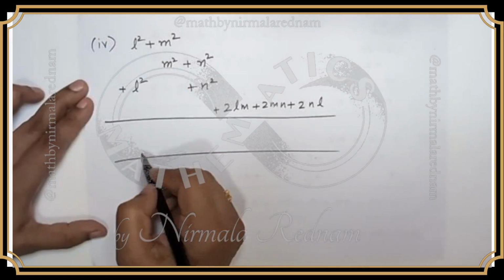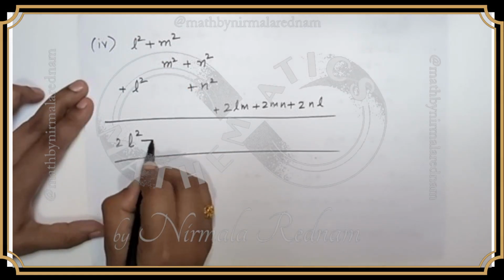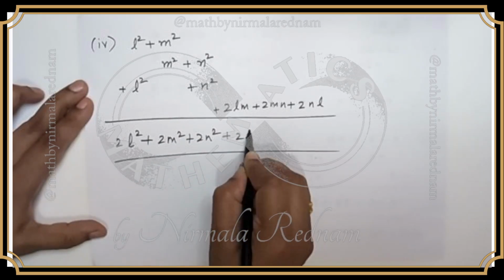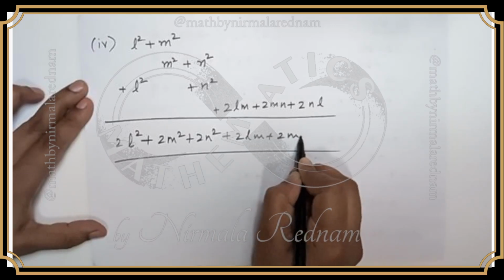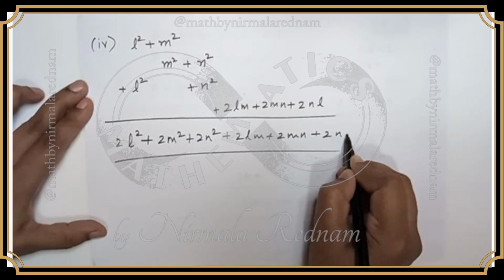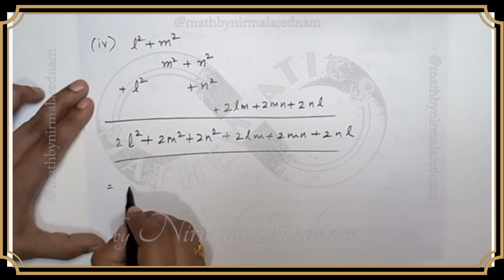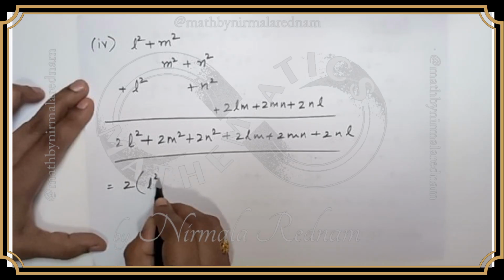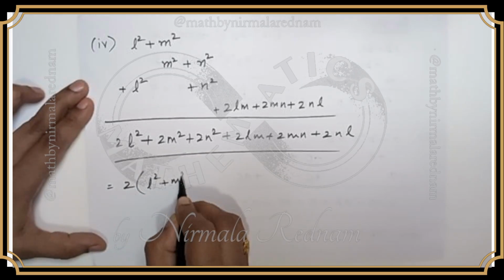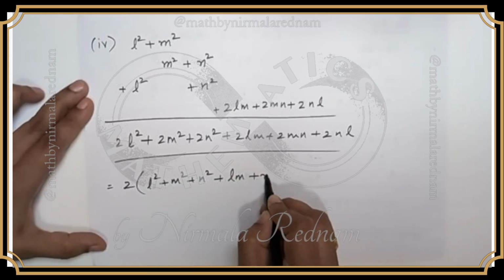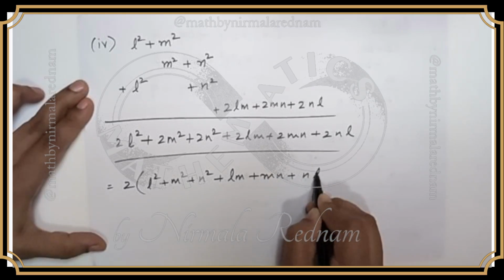So this is going to give me 2L square plus 2M square plus 2N square plus 2LM plus 2MN plus 2NL, right? You can simply write this, you can take a 2 common or you can leave it there as well, no issues. So this will be our final answer, right?